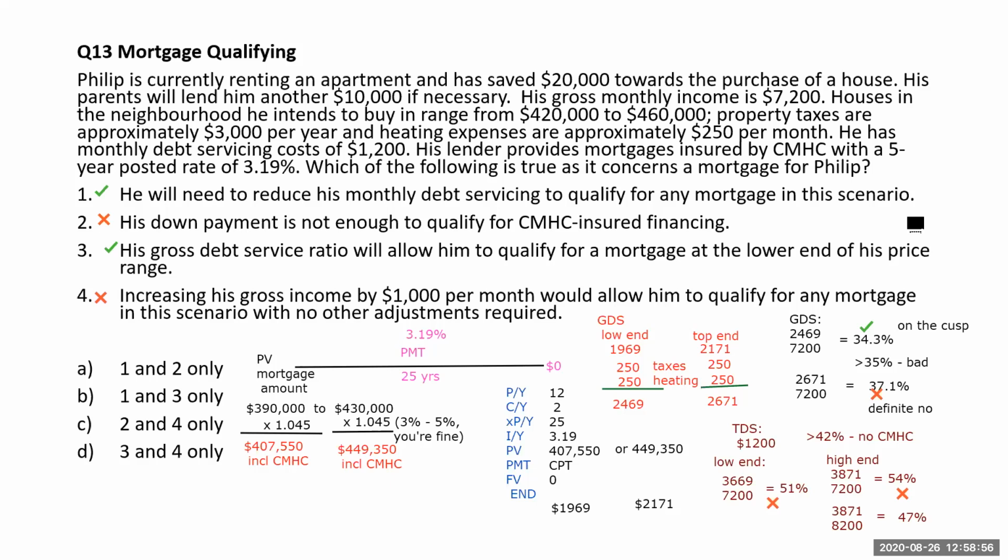We're still okay there, Tracy, though, right? So even if you only use his $20,000, he's still going to qualify for the $420,000 mortgage, or the $420,000 house, because it's going to bring it down to 400, right? $20,000 is 5% of 400,000. You see that?